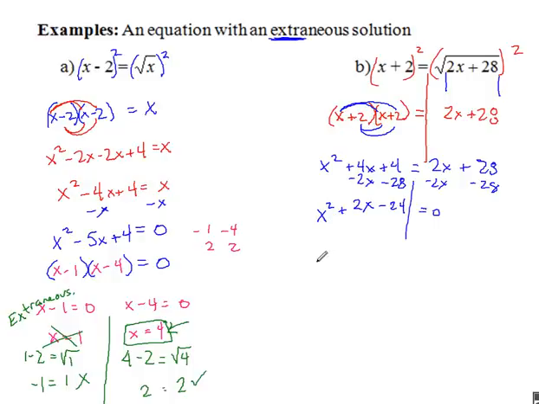All right, and then again, I'm going to factor, right? I want to use the zero product property. So it needs to be a product and it needs to be equal to 0. So what gives me 24 that adds to give me 2? I'm going to let you guys try and solve this. So hit pause for a second. You want to factor this out and then hit play, and then the answers will pop up.